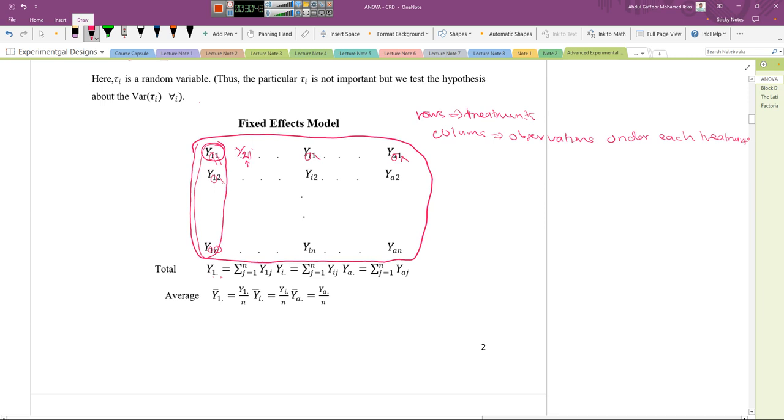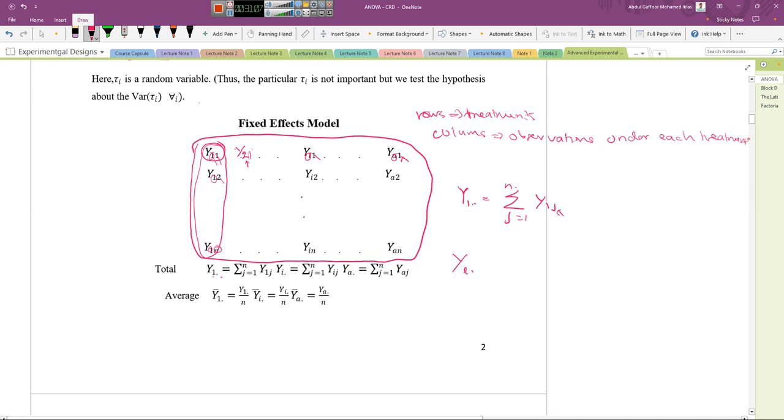Let me write it over here in order to make you understand clearly. Y1 dot is equal to summation j equals 1 to n of y1j, right? Now j can take any value from 1 to n. So this is y1 dot, and similarly we can write it for i dot also, right?